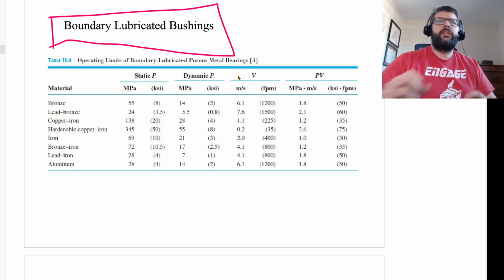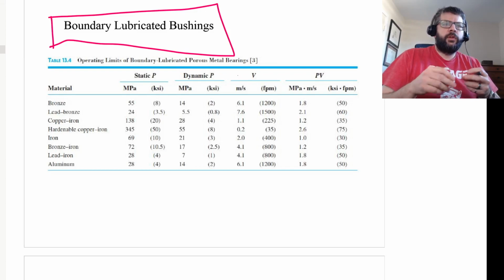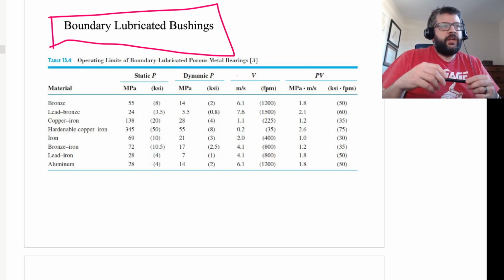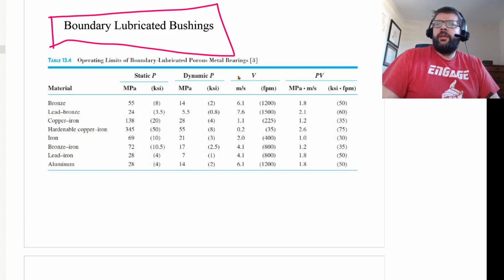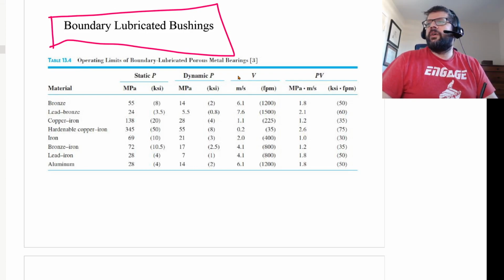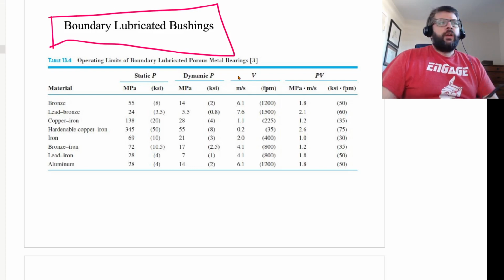Then there are going to be little gaps inside, and you immerse the bushing in oil of some sort, which impregnates the gaps in the metal and ensures that there's always going to be some lubrication available. And you're generally using materials that have relatively low coefficients of friction.